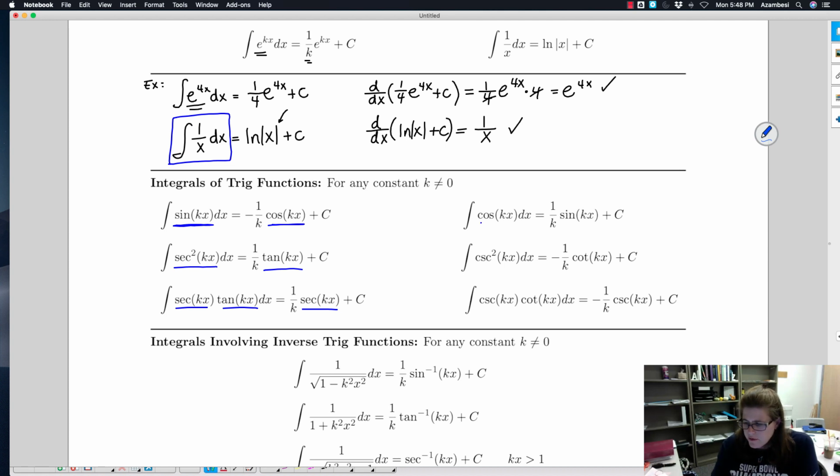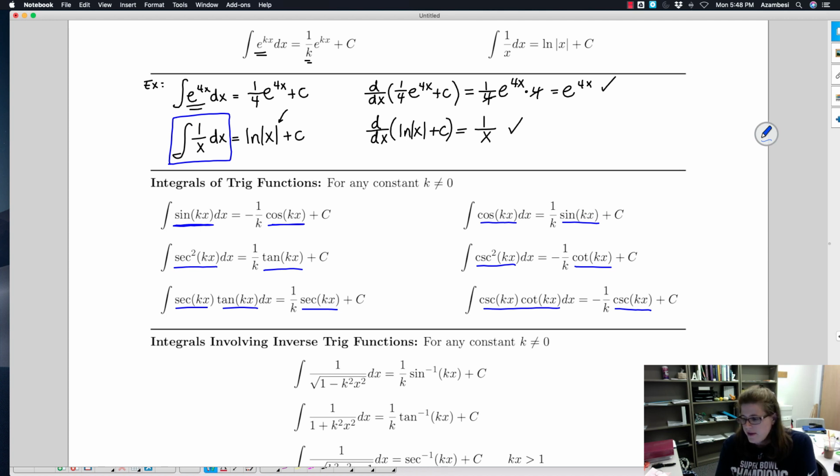The antiderivative of cosine is sine because the derivative of sine is cosine. The antiderivative of cosecant squared is equal to negative cotangent because the derivative of cotangent is negative cosecant squared. If you are dealing with cosecant cotangent, then what that started as is cosecant.